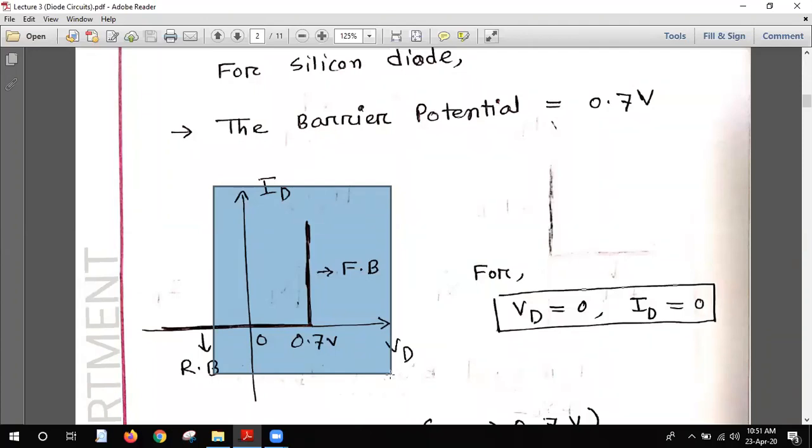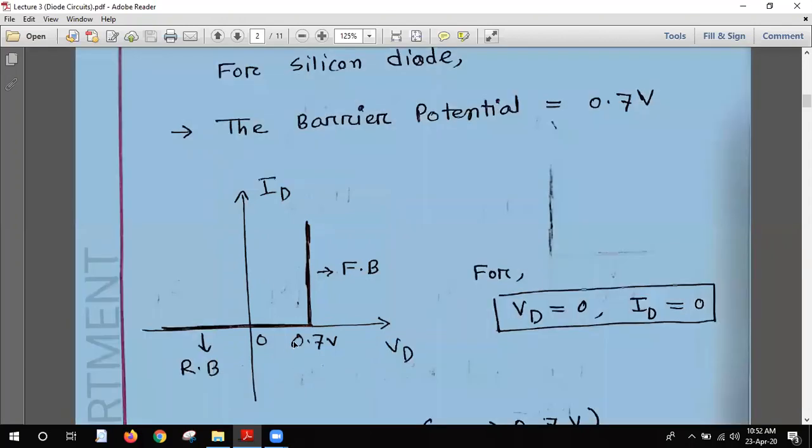When the positive voltage becomes 0.7 volt, at that time it becomes forward biased. FB is forward bias, not Facebook, and RB is reverse bias. So when the applied voltage VD becomes 0.7 volt, the diode becomes forward biased and it will allow the current to flow.